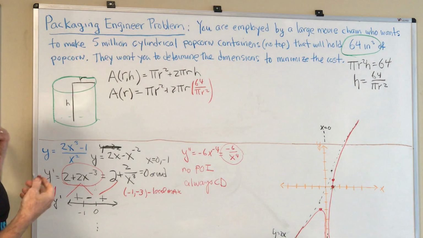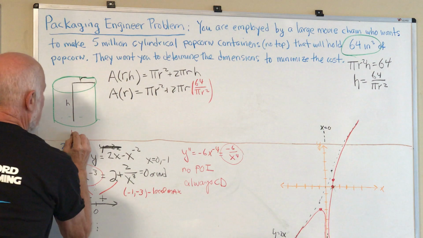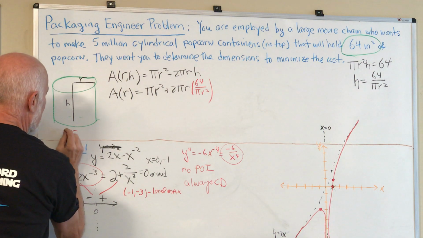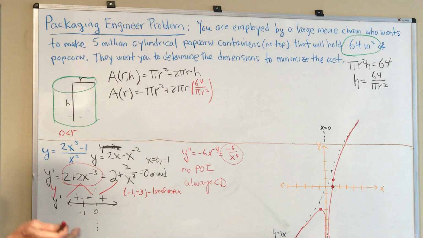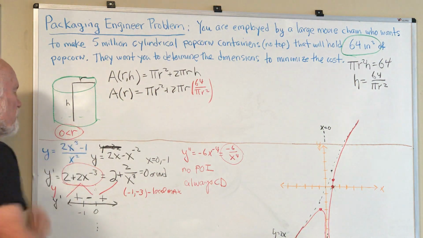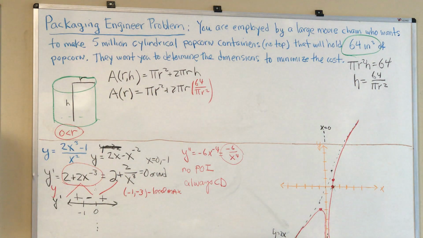And what do I know about my domain? R is a dimension, so it's got to be greater than 0, and I don't think there's any restriction on how big r could be. So the domain is really not that restrictive, just that r can't be 0 or negative.